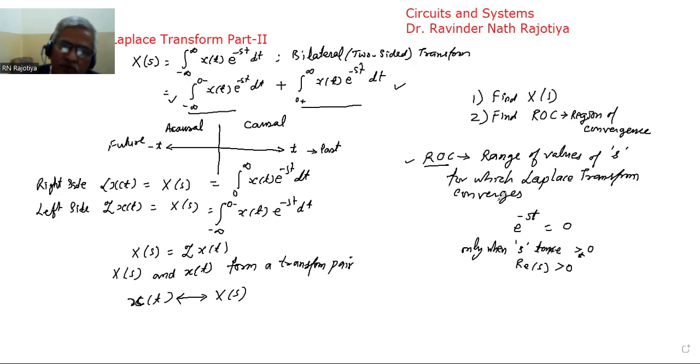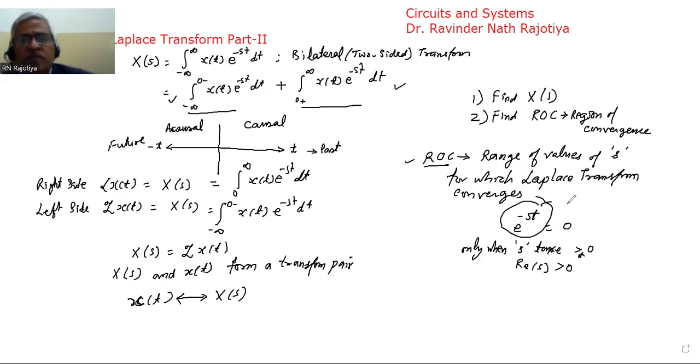This is for this particular solution, not for all cases; it's not a general formula. Assuming that you have a solution as e power of minus st, to find the ROC we say that e power of minus st should be equal to 0, and you need to argue when that is possible. This condition is possible only when s takes values greater than 0.